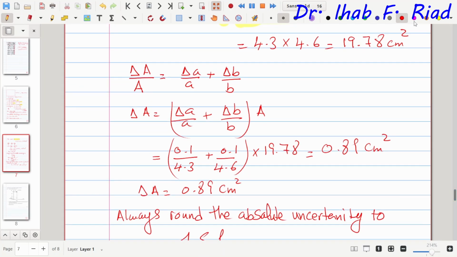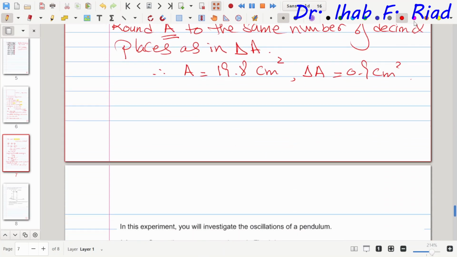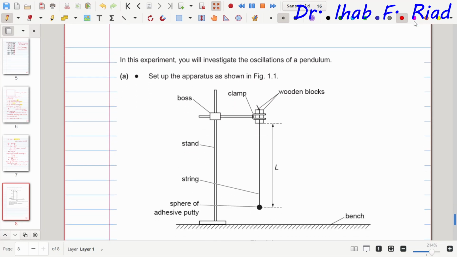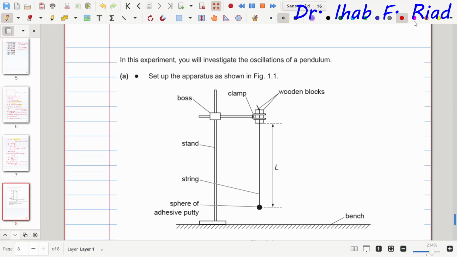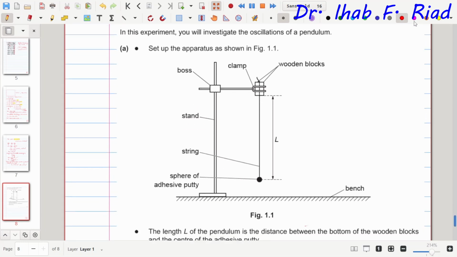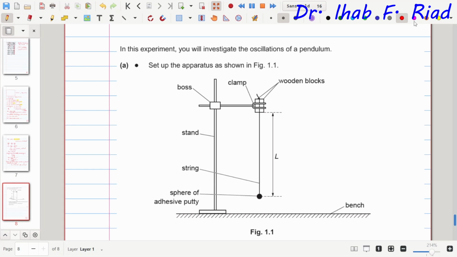But as we go through paper 3, one way of doing things is going to be a little bit different. For example, this is a typical question, question 1 in paper 3. Let us see how we are going to calculate the absolute uncertainty in this context.